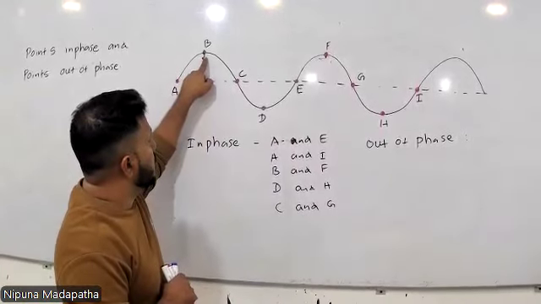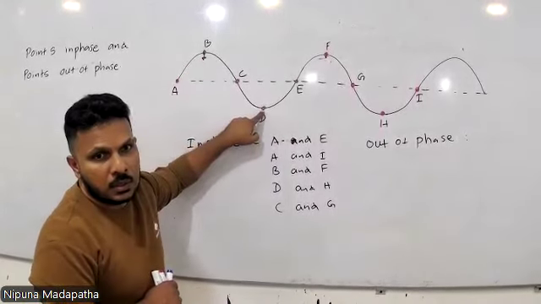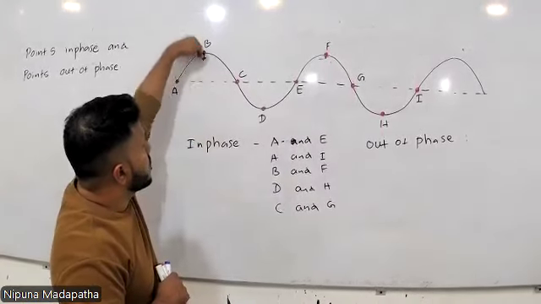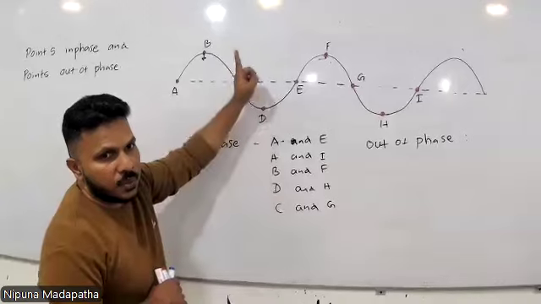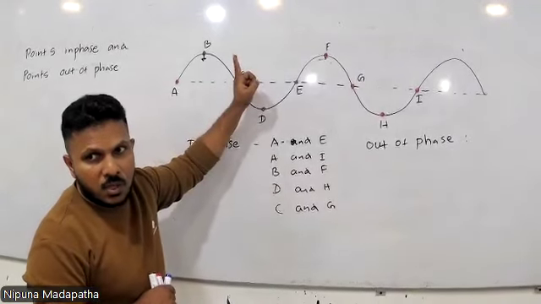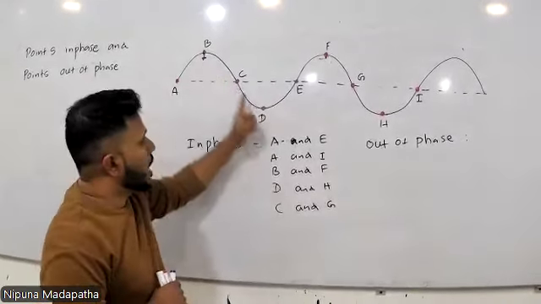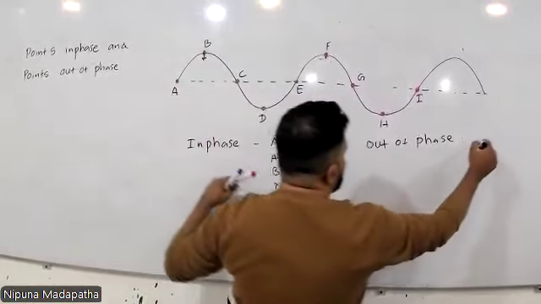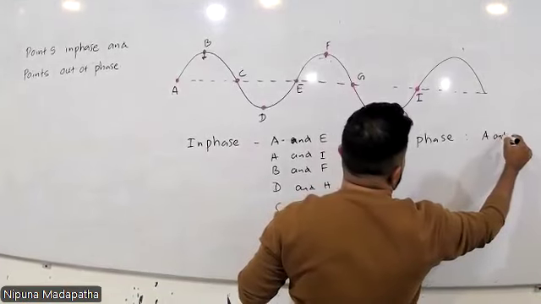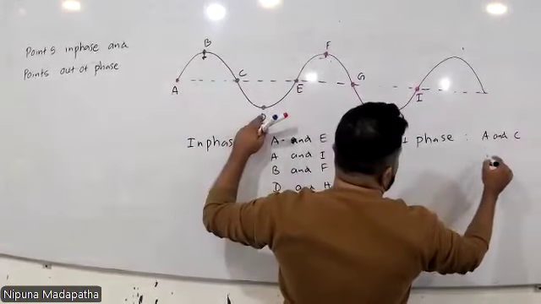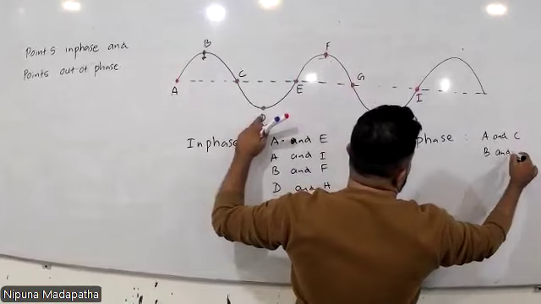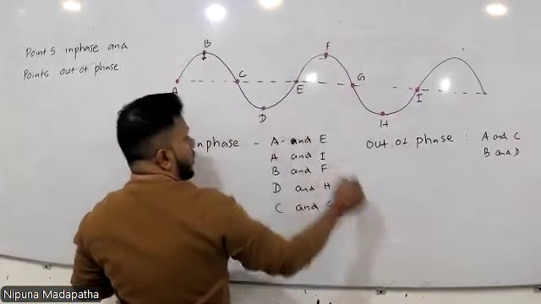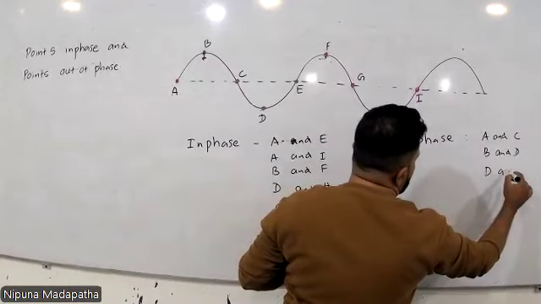So B and D are out of phase. B tends to move down, D goes up. Opposite motion. So out of phase points are A and C, and B and D. What else? D and F, yes, out of phase.